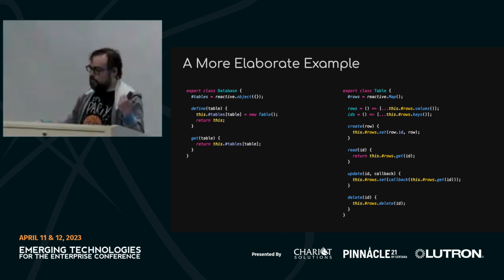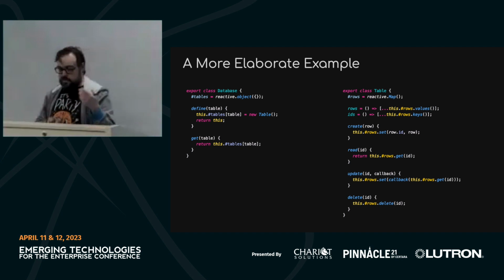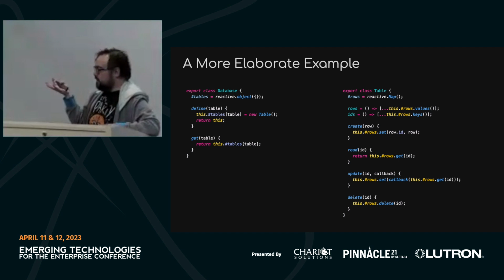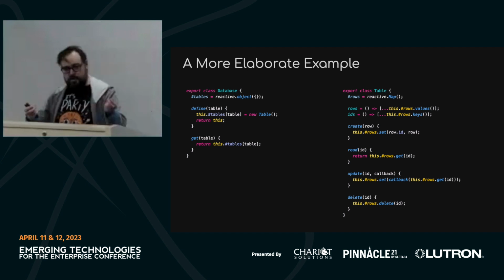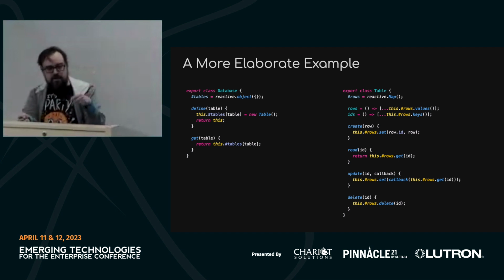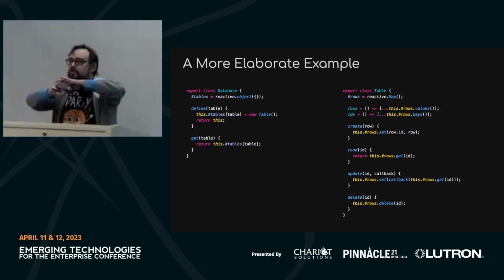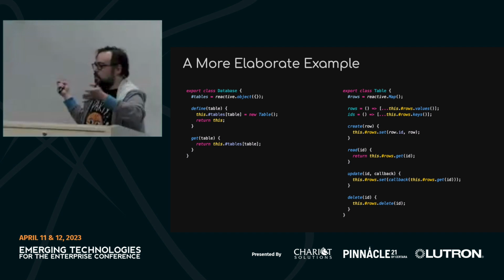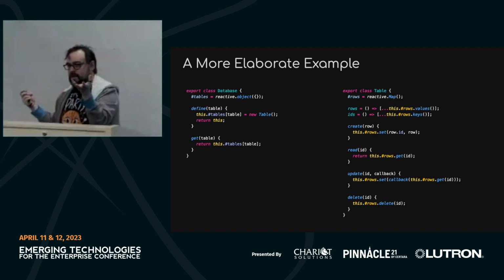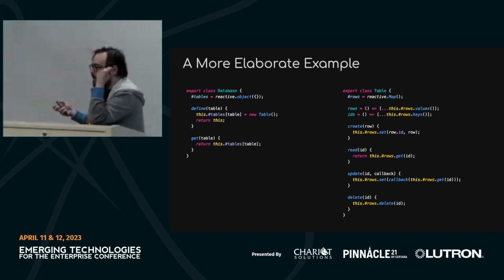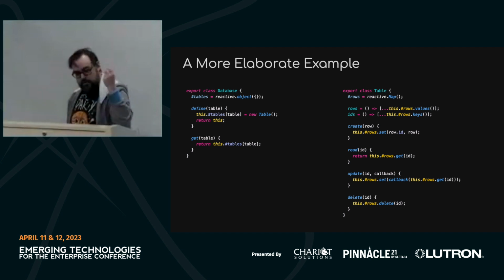So you can have a reactive map, a reactive object, reactive weak map, weak set, set, array, whatever. And what I mean when I say it's reactive is, if you interact with the object inside of a reactive computation, the reactive computation knows to invalidate whenever the reactive object invalidates.